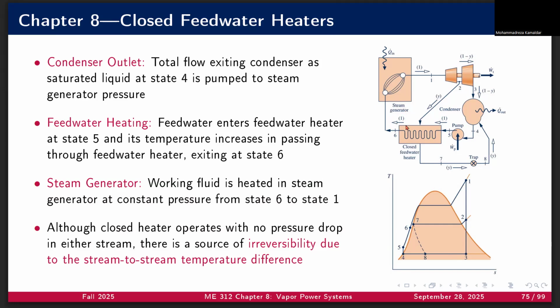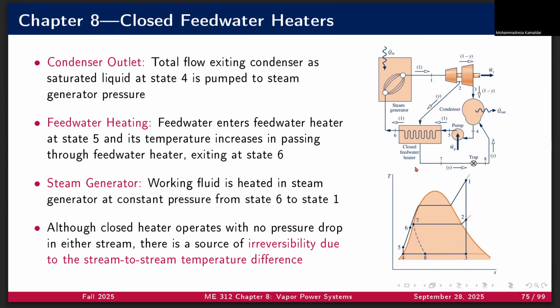However, in this ideal cycle, we must acknowledge the source of irreversibility, although we assume isentropic pump and turbines here, and no pressure drops in the components. The process of the closed heater itself is inherently irreversible, basically because heat transfer requires a stream to a stream temperature difference.